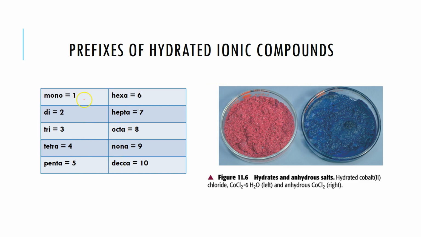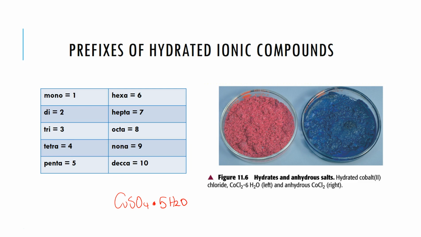So this would be 1 water, 2 waters, 3, 4 water molecules, 5 water molecules, 6 water molecules. For the one that we looked at before, CuSO4 dot 5 H2O, I want you to try and come up with the name for that. Pause the video and let's see what name you come up with.